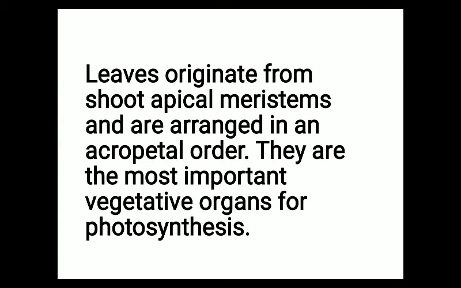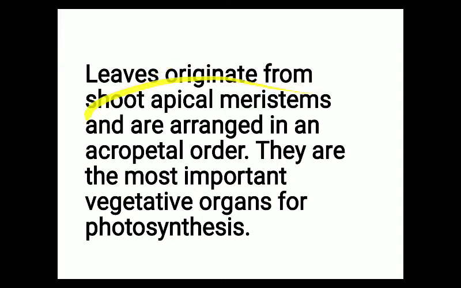The first point is that leaves originate from the shoot apical meristem. We always have to remember that there are three different regions in the plant body where the meristematic tissue is confined: apical meristematic tissue, lateral meristematic tissue, and intercalary meristematic tissue. We have to remember that these leaves originate from which type of meristematic tissue?